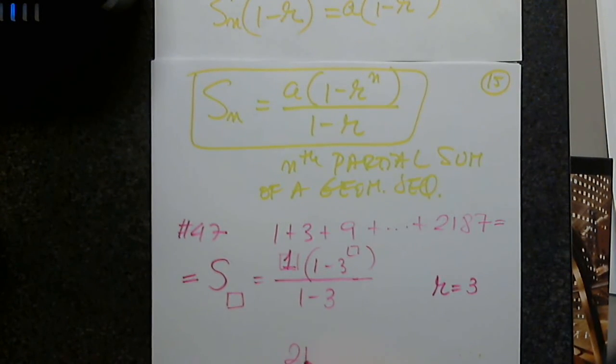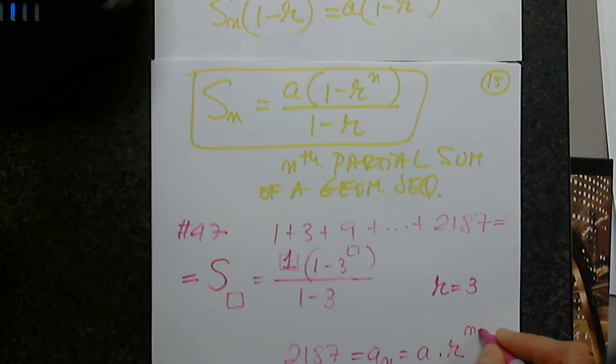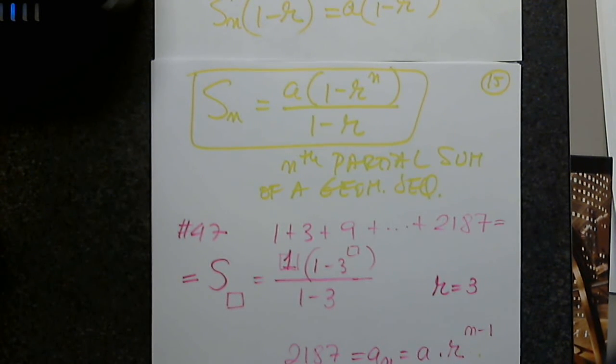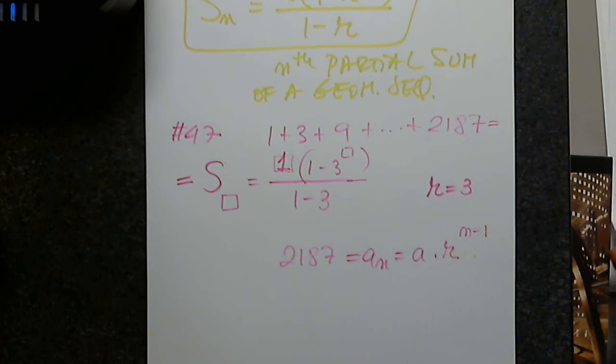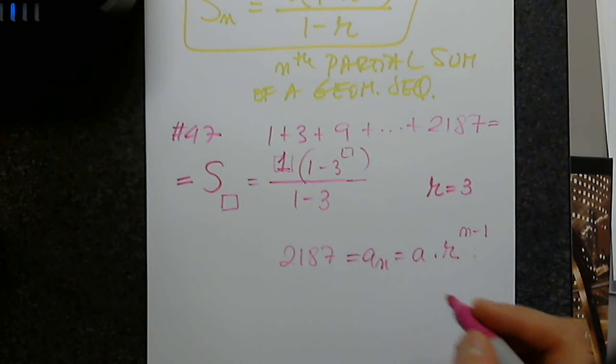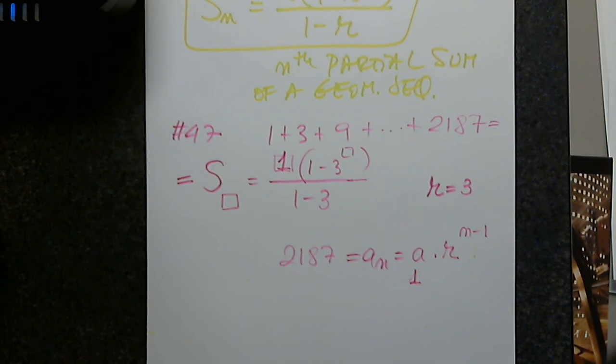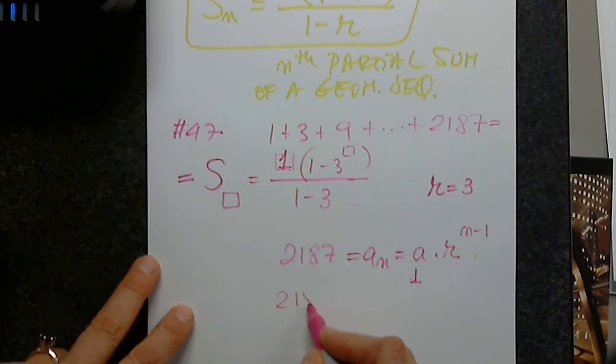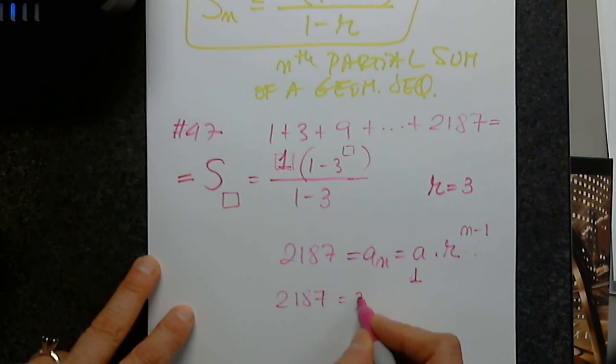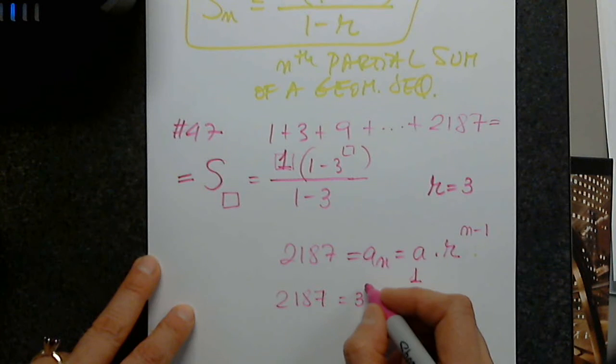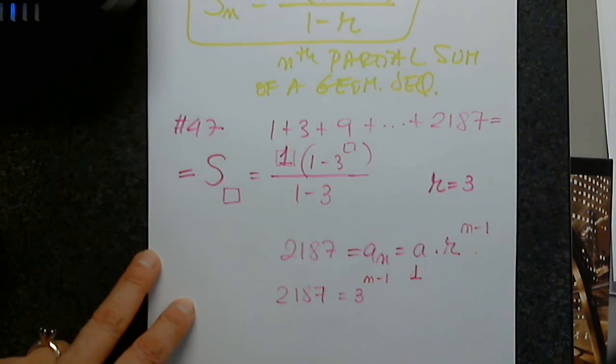A is 1. Good. But now I have to identify this. So 2187 is the general term, and this should be A multiplied by R raised to N minus 1. Is this okay so far? So this is 1. So now the question is 2187 equals 3 to a number N minus 1.